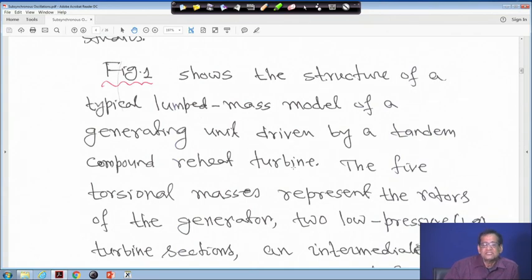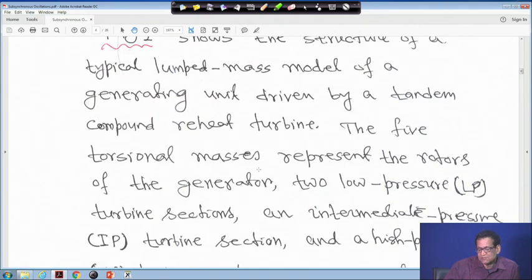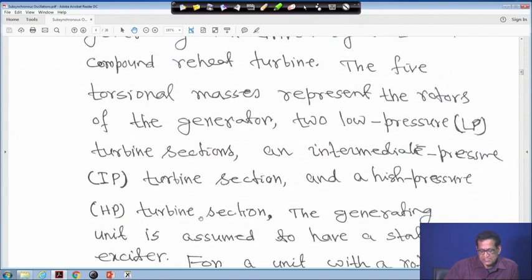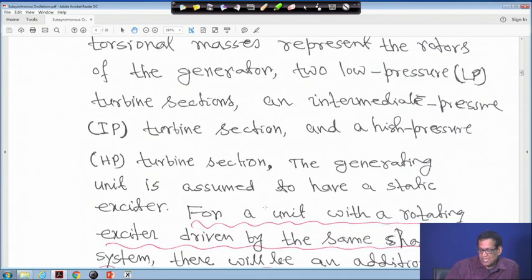We have assumed that it is a tandem compound reheat turbine. The 5 torsional masses represent the rotors of the generator, 2 low pressure turbine sections, the intermediate pressure (IP) turbine section, and a high pressure turbine section. The generating unit is assumed to have a static exciter.